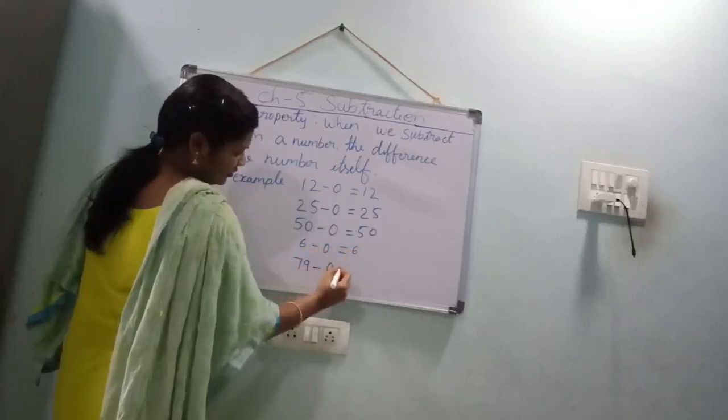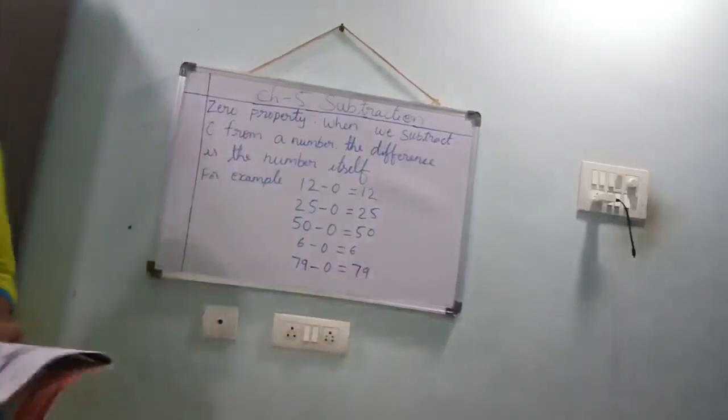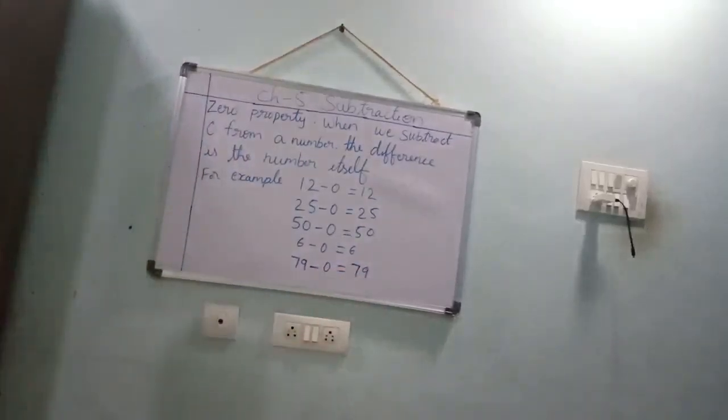79 minus 0, 79. Understood children? What is this? Zero property.